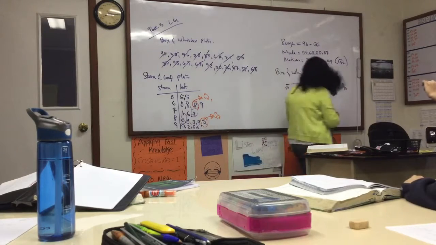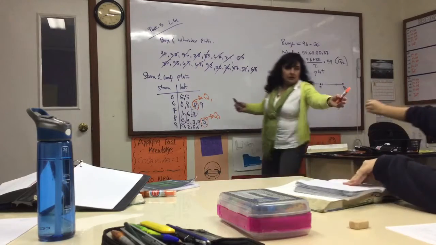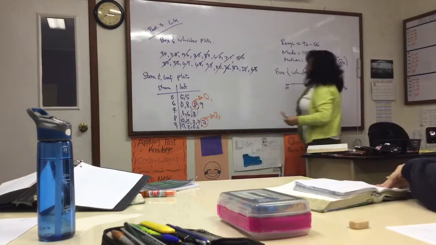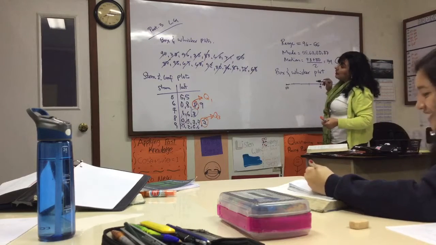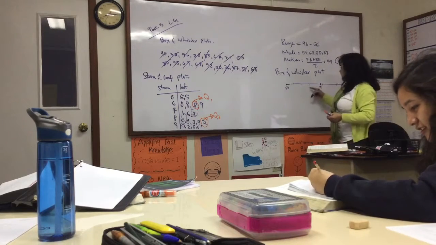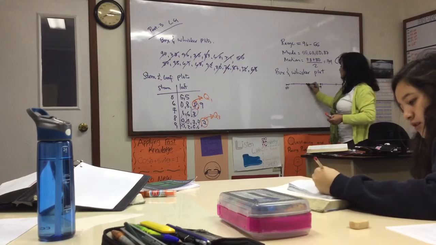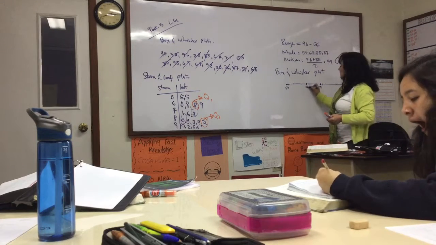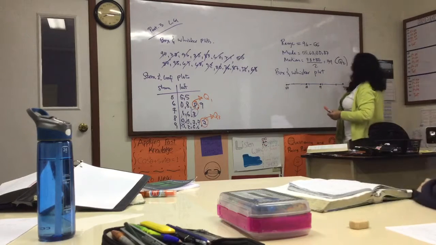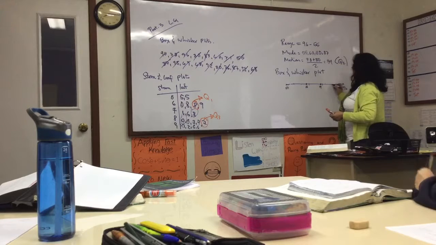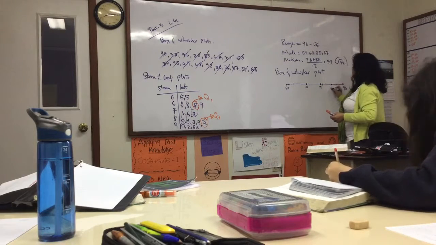Where is it? Here. So, my first quartile is 68. 68 is somewhere here. And my third quartile is 87. 87, somewhere here.